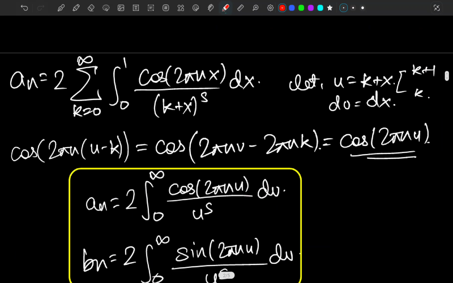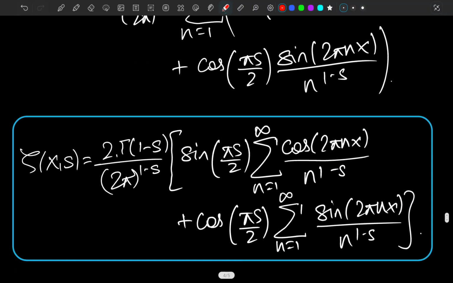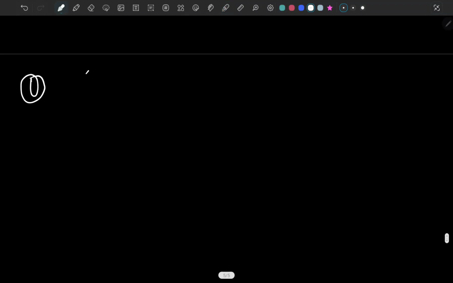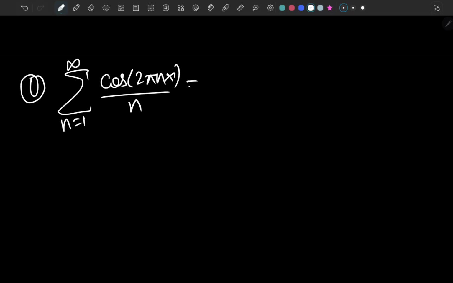And do you remember I had proven the two sums as well? The first one was this sum as n goes from 1 to infinity of cosine of 2 pi nx over n, and I think I did it to ln of 1 over 2 sine pi x.